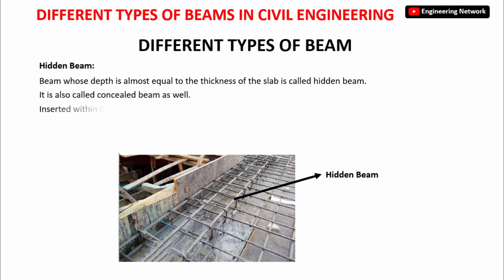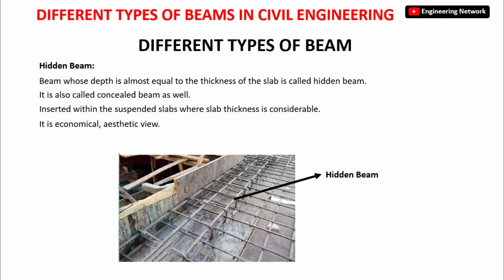Hidden beams are generally inserted within the suspended slabs, where slab thickness is considerable. The advantage of providing hidden beam is it is economical. It will give an aesthetic view to the building. And also by providing hidden beam, we can easily achieve floor height.